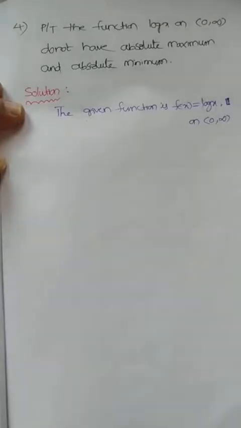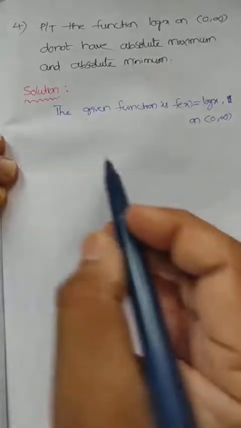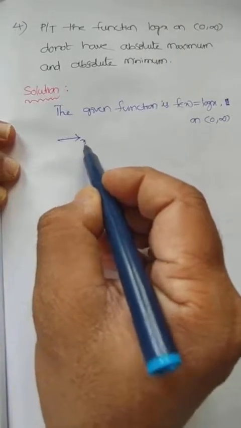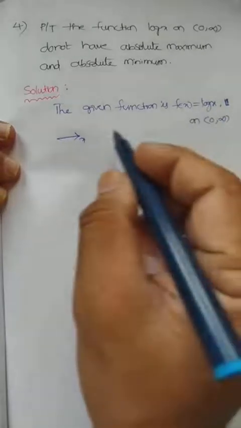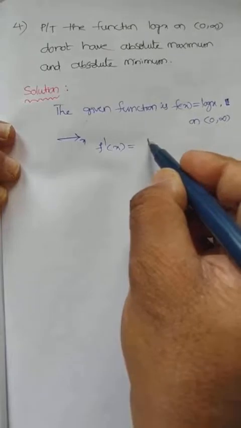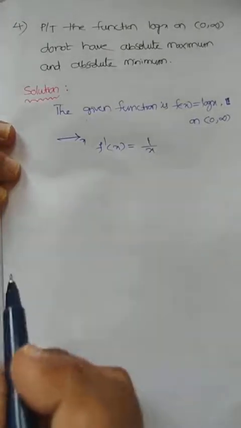Now as usual, first we find the f dash of x value, differentiating with respect to x on both sides for this function. So I would get f dash of x is equals to, the derivative of log x, 1 by x.